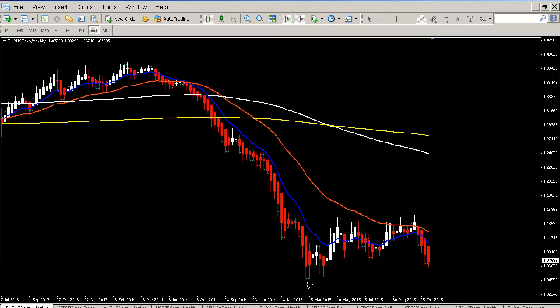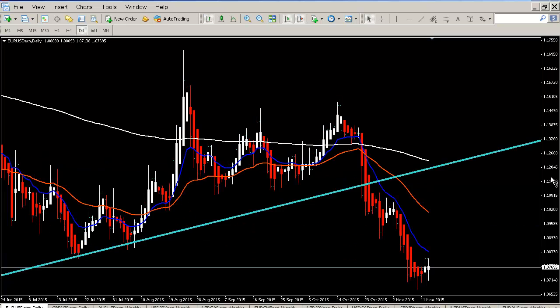At that point, it also broke our support line coming from this weekly chart, and again bouncing on our trend following EMA, the 36 EMA, and price moved lower. So generally we are looking for shorts below this here.